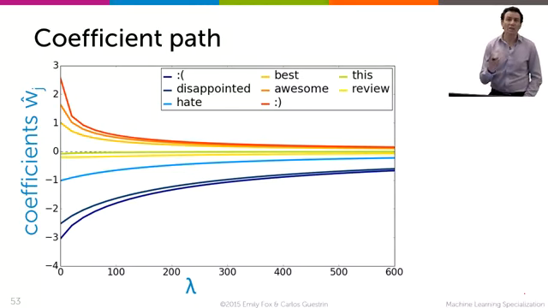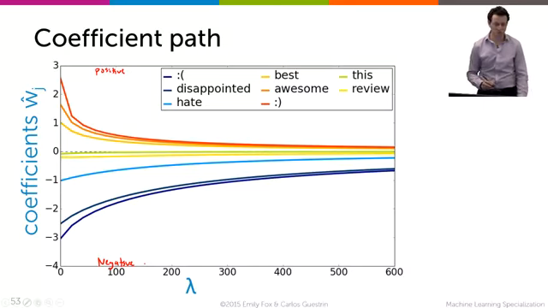I've used the product review data set here, and I picked a few words and fit a logistic regression model just using those words with different levels of regularization. So for example, the words that have positive coefficient tend to be associated with positive aspects of reviews, while the ones with negative coefficients tend to be associated with negative aspects of reviews.